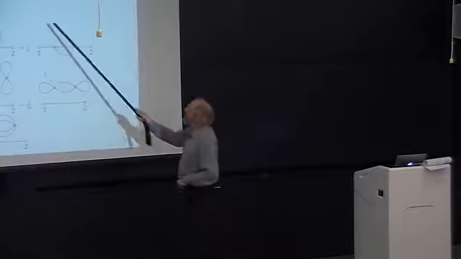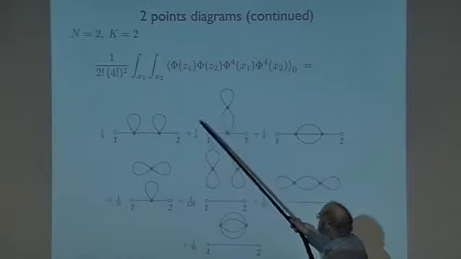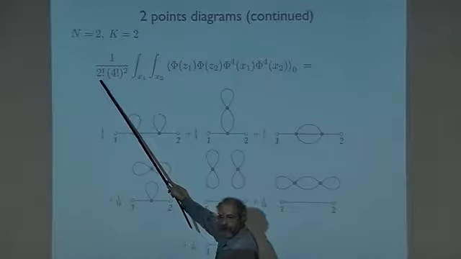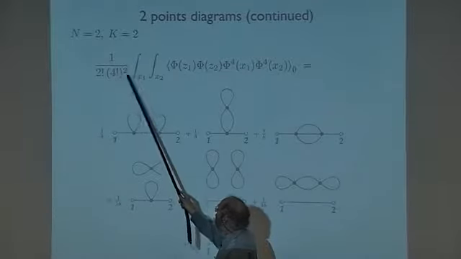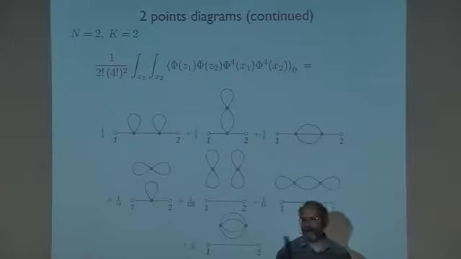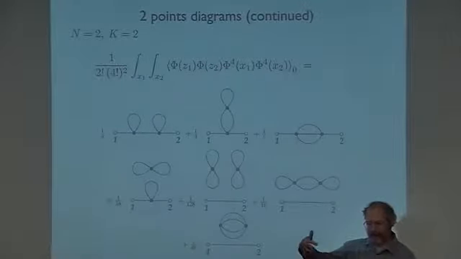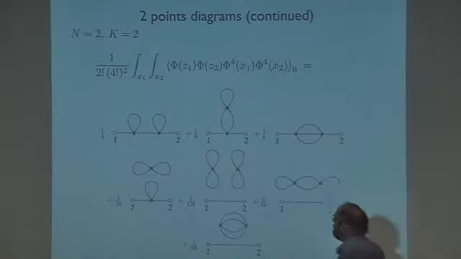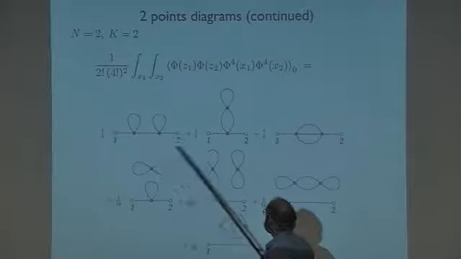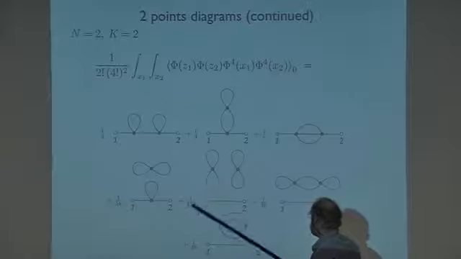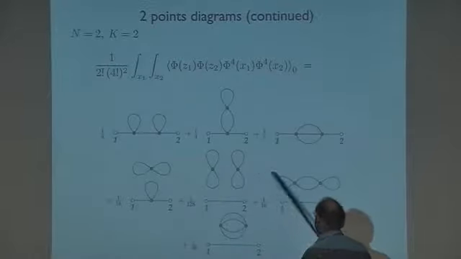But of course, when you count the number of ways, at the beginning you have a 1 over factorial 2, which comes from the expansion of the exponential of g phi 4, and the 1 over factorial 4 squared. And then you have to put on the numerator the number of ways of applying Wick theorem, the number of ways you construct the same diagrams, which gives a simpler ratio, which is 1 over 4 here, 1 over 4, 1 over 6, 1 over 16, 1 over 100. Well, and here, these are the weights of those diagrams that we got already.